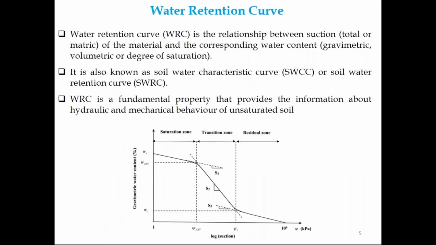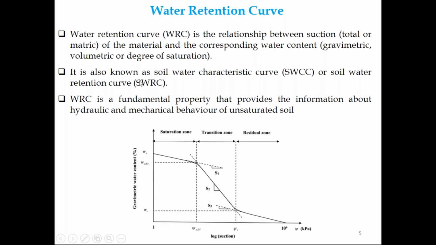So coming to water retention curve, the water retention curve is defined as the relationship between suction and water content. The suction can be total suction or matric suction, while the water content is gravimetric water content, volumetric water content, or degree of saturation.